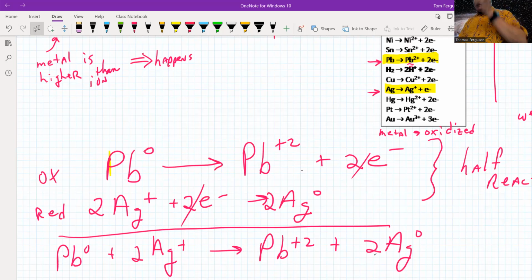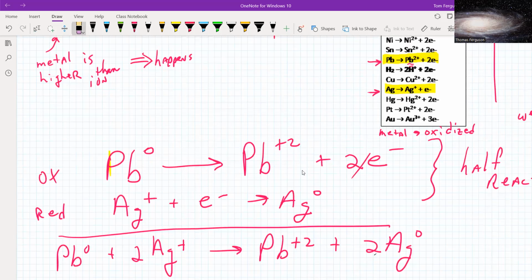So when we first write these, let me write this the way you just start off. So silver, because it's a +1, needs 1 electron to become a metal. Lead, to become an ion, is going to give away 2 electrons.